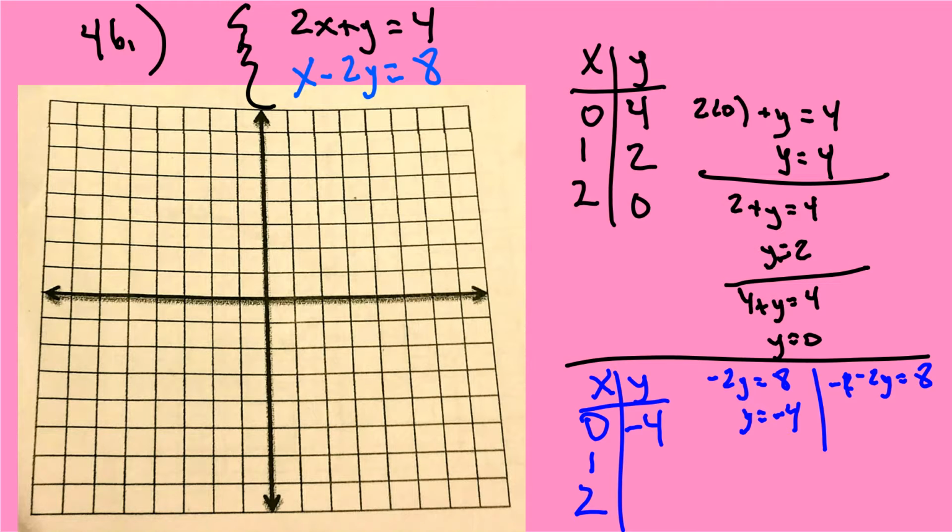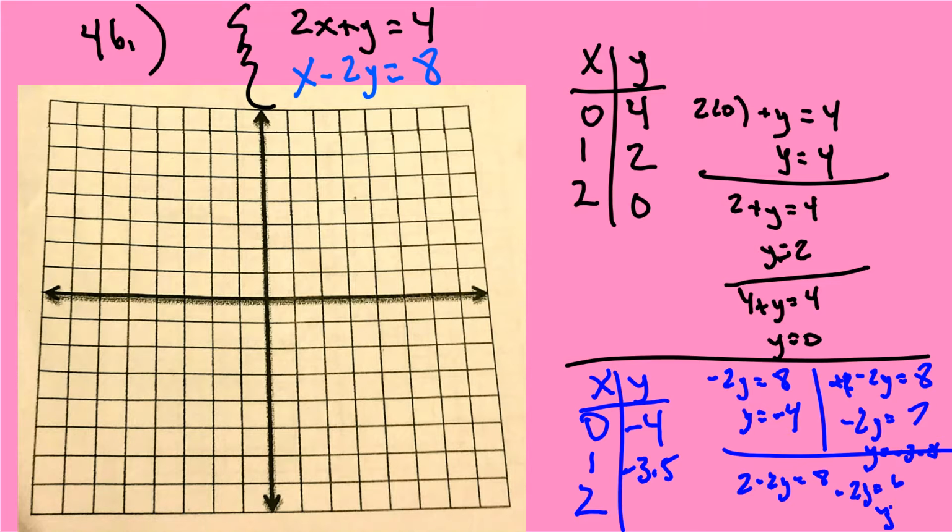Sorry, I don't know what I'm thinking. I subtract 1 from both sides to get minus 2y equals 7. So y equals negative 3.5. Now I do it again with 2. So I get 2 minus 2y equals 8. Subtract 2 from both sides. I get minus 2y equals 6. So y equals negative 3.